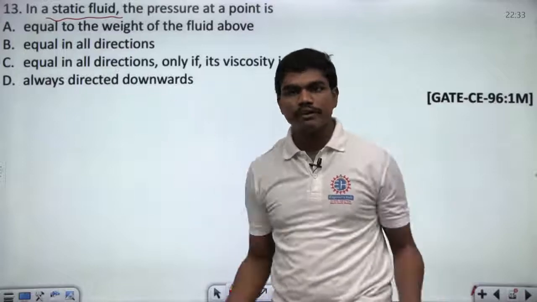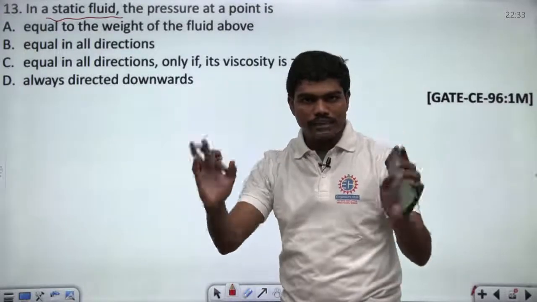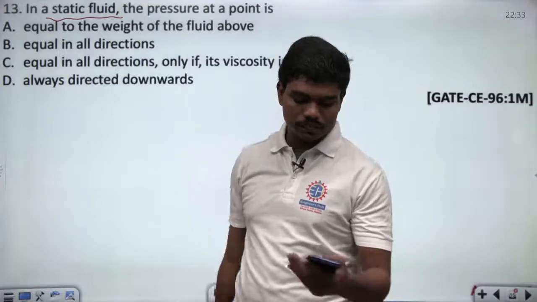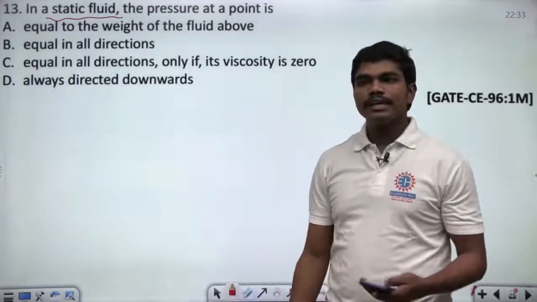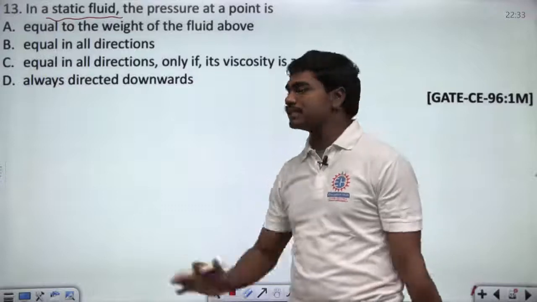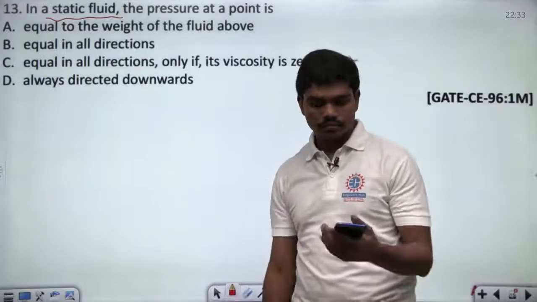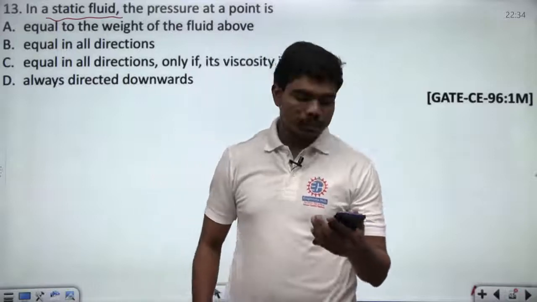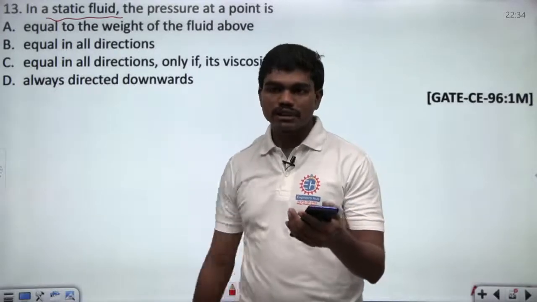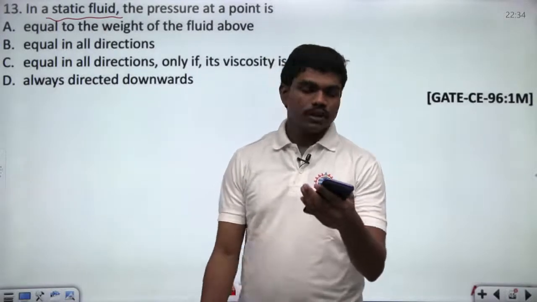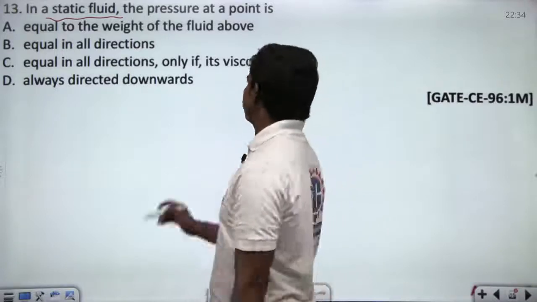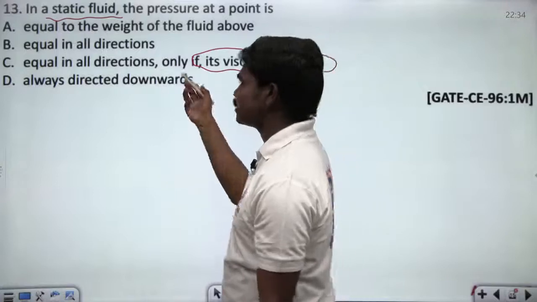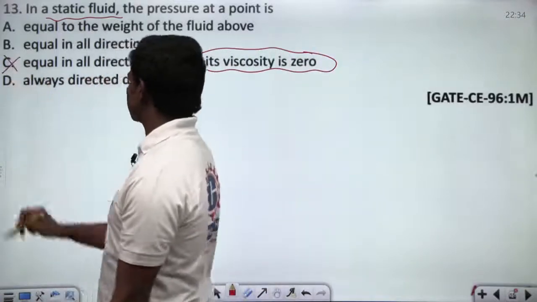If the fluid is not moving, if the fluid is staying still, will there be any concept of viscosity? No, correct? So viscosity doesn't come into picture, so viscosity doesn't matter. It need not be zero, so this option is wrong.